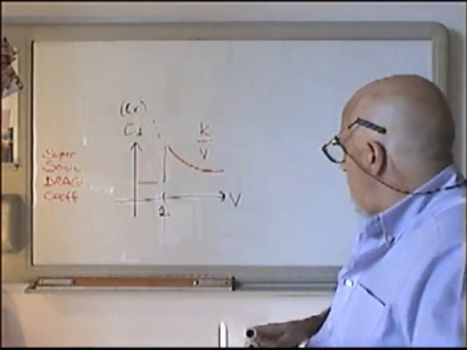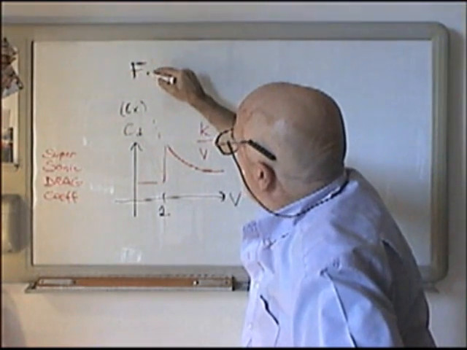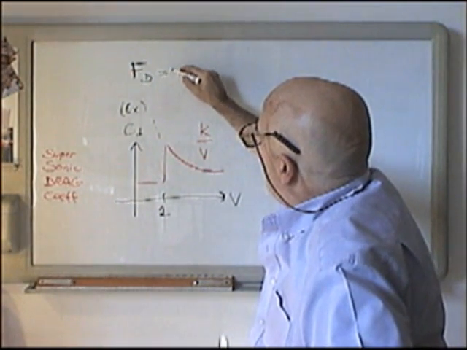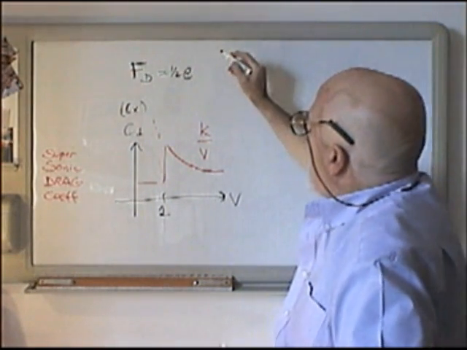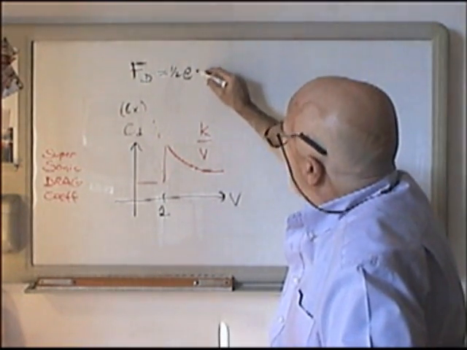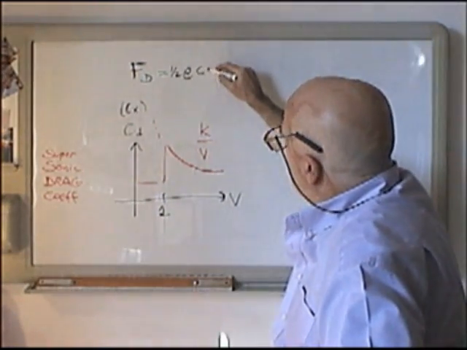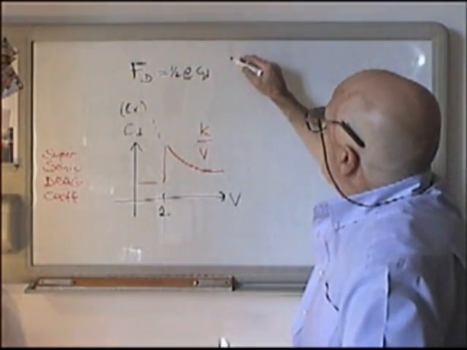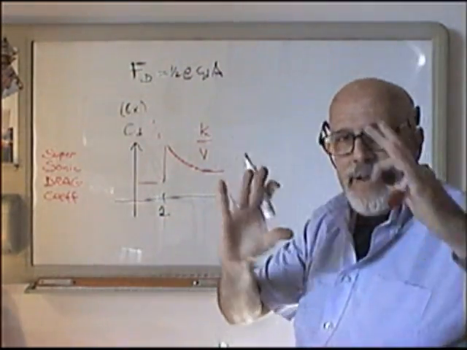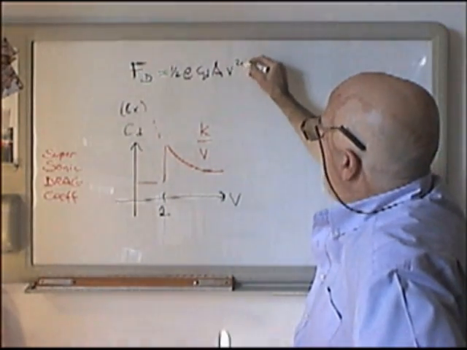Drag, as you should know, the force of drag is something like half air density, the CD, the drag coefficient, A, the area, the section of the object, and V squared.